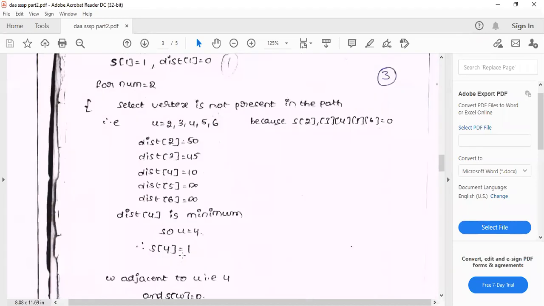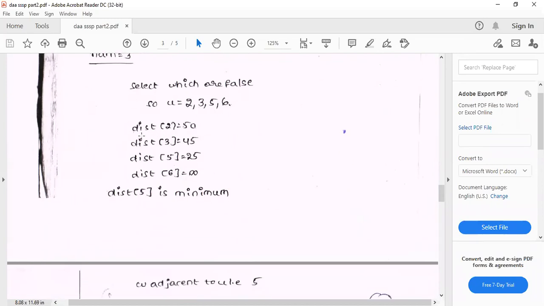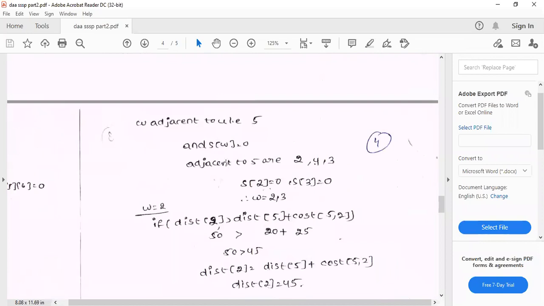So in the third iteration we select the fifth vertex as the nearest vertex and update the distances.